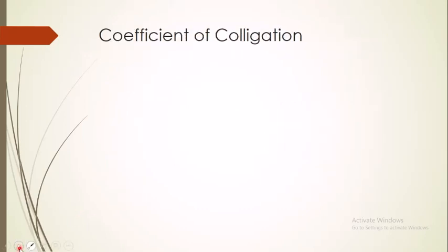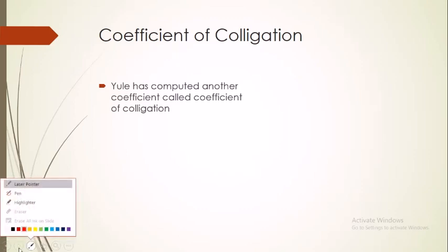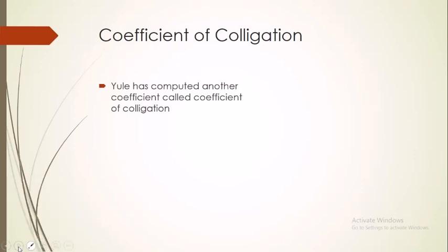Now, coefficient of colligation. Yule has computed another coefficient called the coefficient of colligation. Yule has also given us another method of finding the association, which is closely related to the first one, that is Yule's method, or the first formula that you have studied.